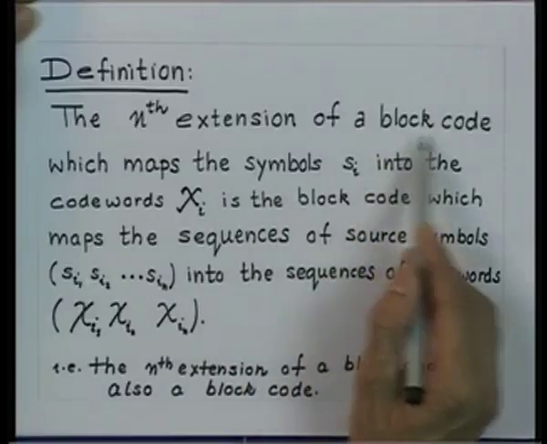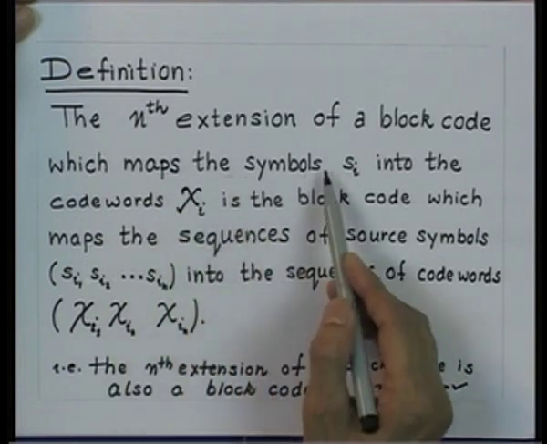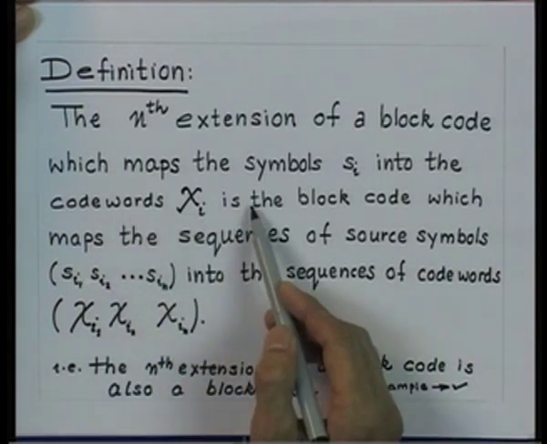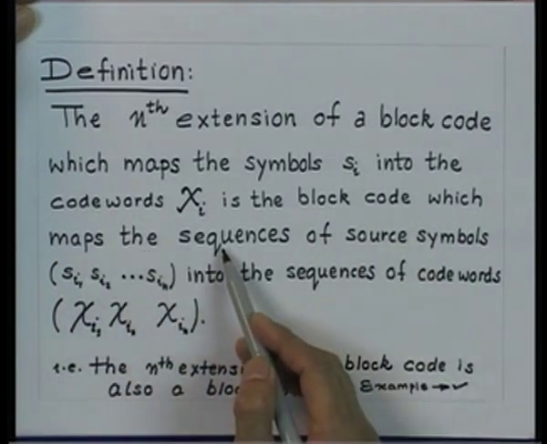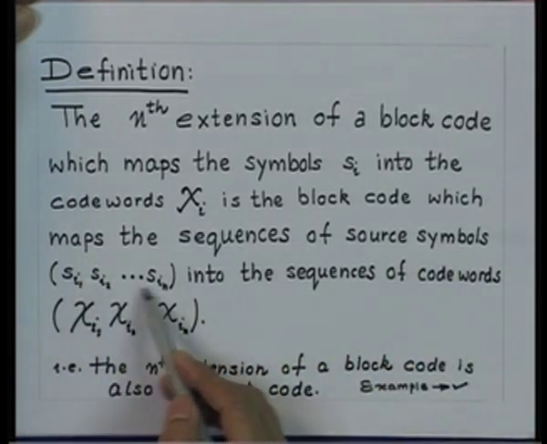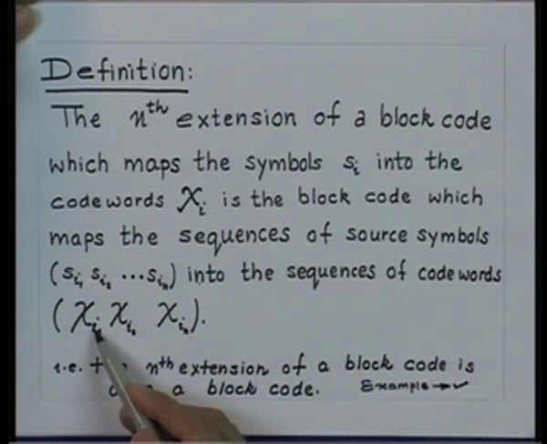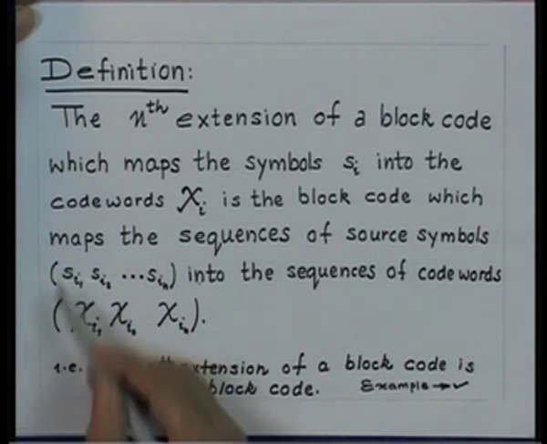So, the nth extension of a block code which maps the symbols Si into the code words Xi is the block code which maps the sequences of source symbols Si1, Si2 up to Sin into the sequences of code words Xi1, Xi2, Xin. Xi1 is the code word corresponding to the symbol Si1.